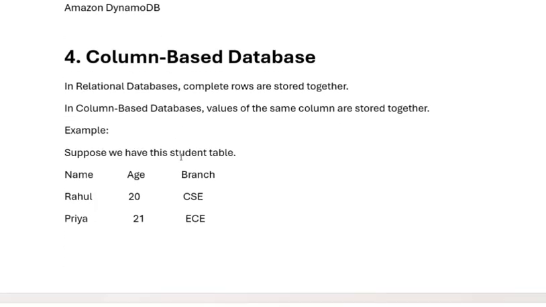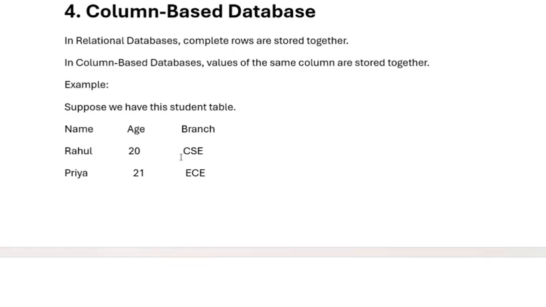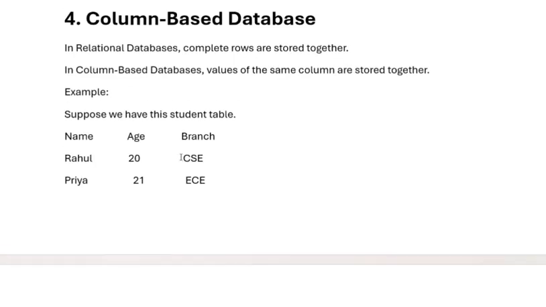Another one is the column based database. In a relational database, complete rows are stored together. Previously, we saw what a relational database is: we store the data in the form of tables, using columns and rows.